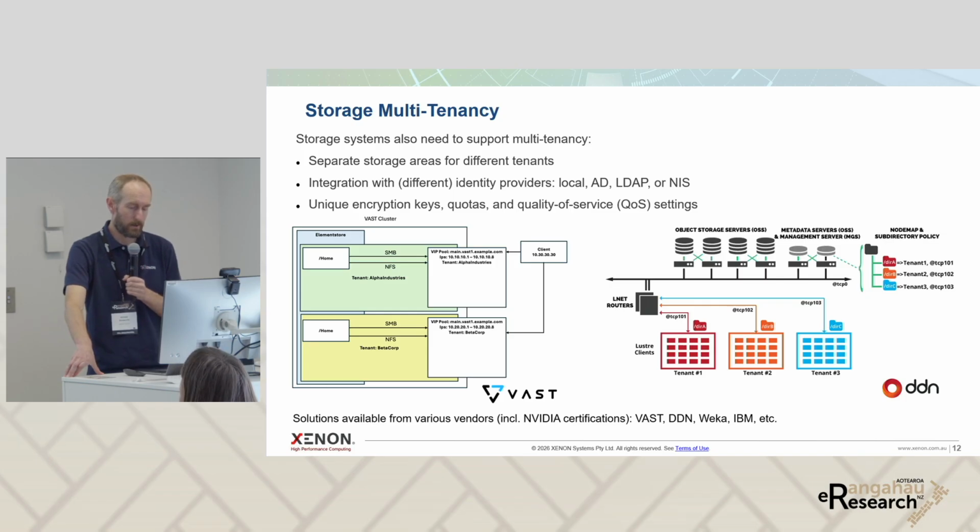There's additional security controls that can be implemented at the protocol level and integrations with identity providers for each tenant. Other features typically include encryption, both in-flight and at rest, quotas, and quality of service. There's several storage solutions available that support multi-tenancy, plenty of details to consider.